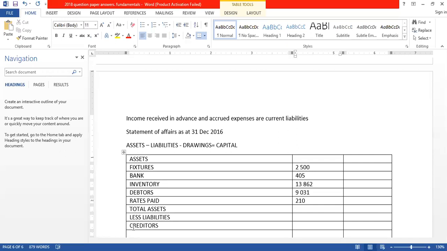And creditors were 5,624. And then the last one, which is rent owing of 150.